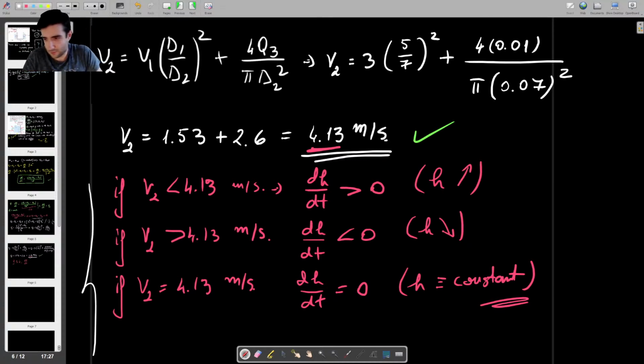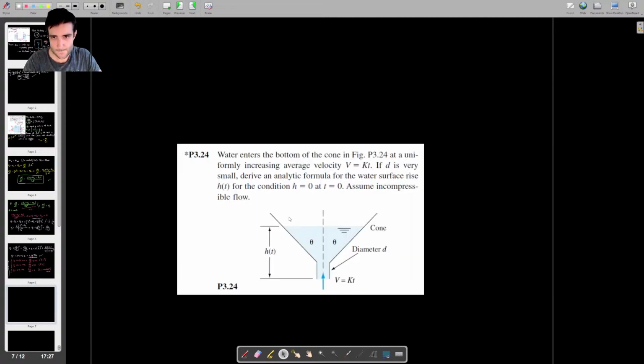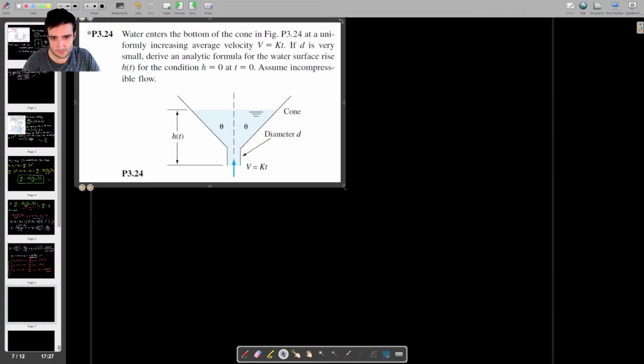Okay, so that's sorted. Let's move on to something else. So I have here something that's a bit more involved mathematically, which is still just based on mass conservation. I'm looking at this question.